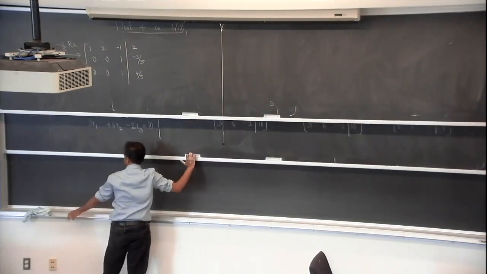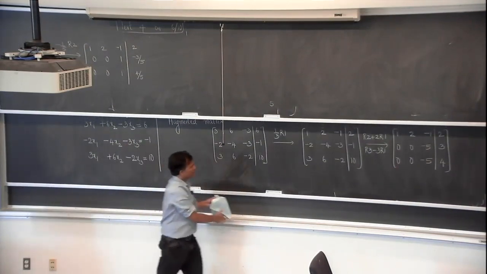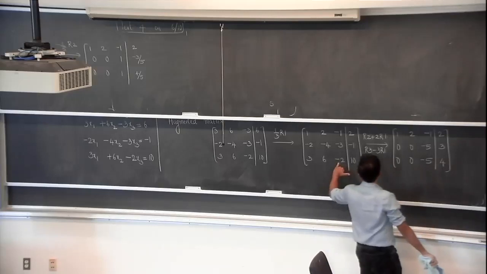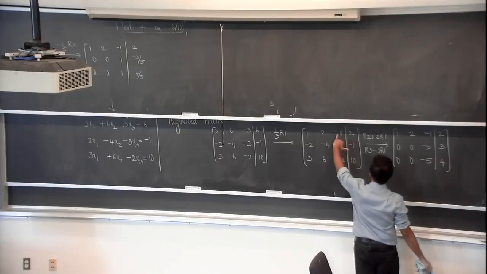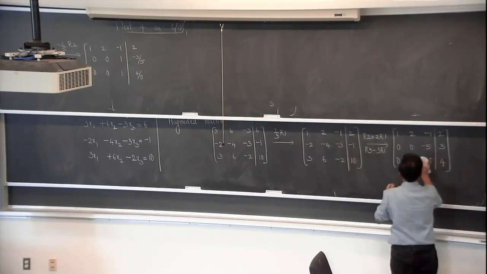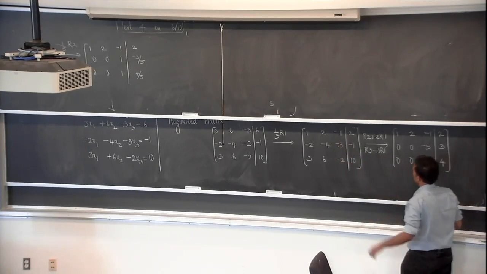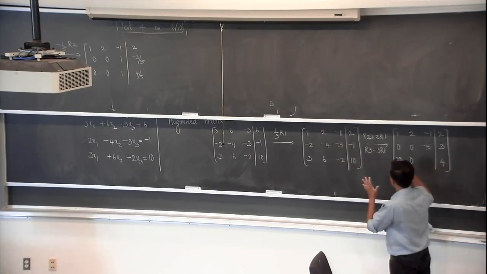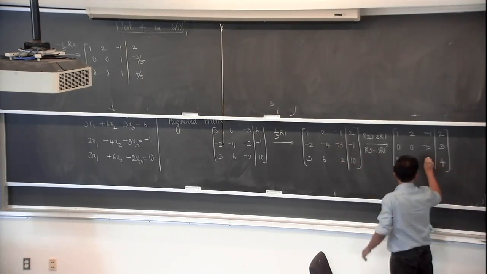I need to avoid these mistakes. Which one? Let me see. R3 minus 3R1. Oh, yeah. -2 minus 3 times -1 is 1.